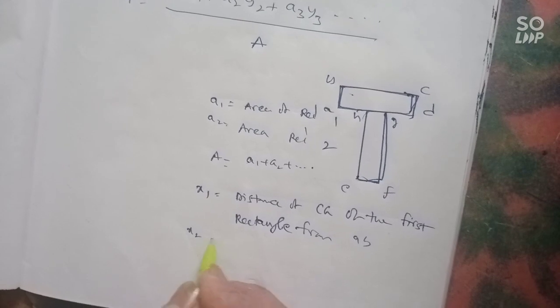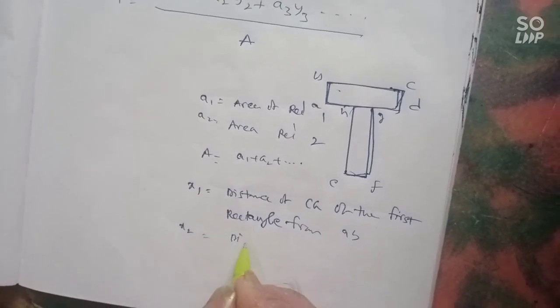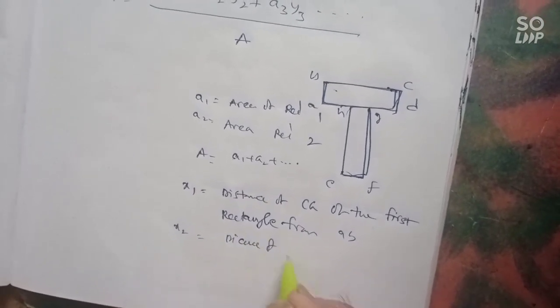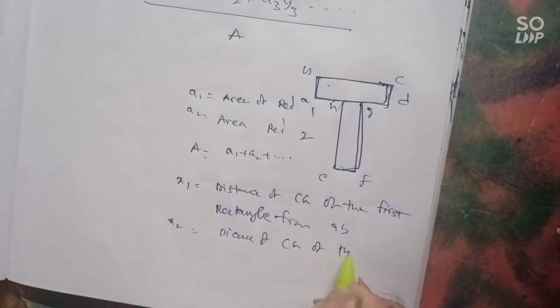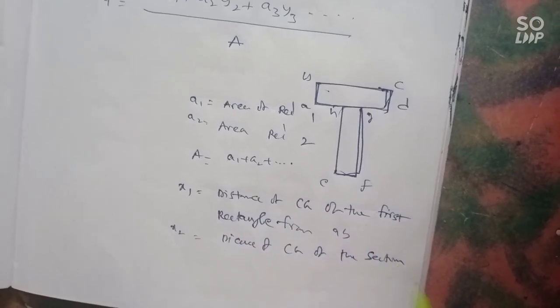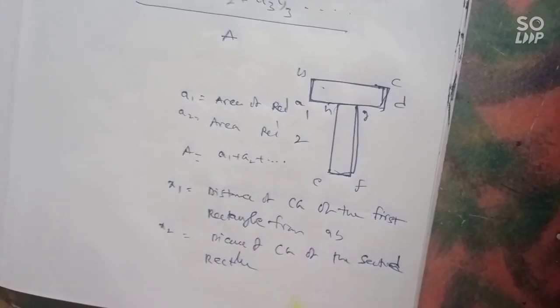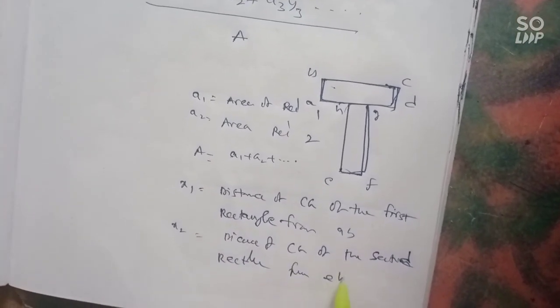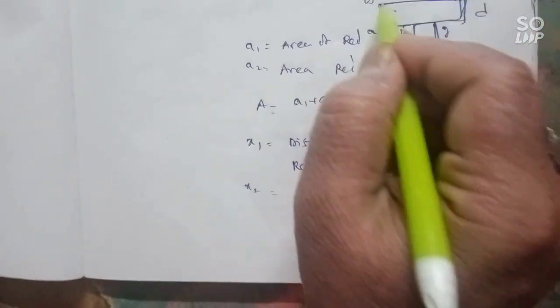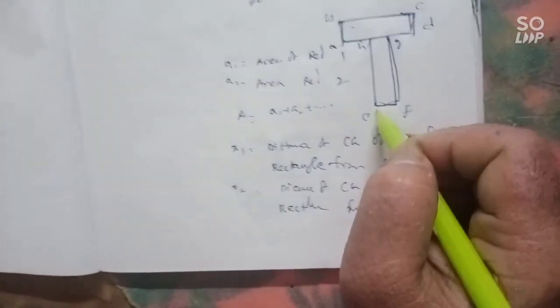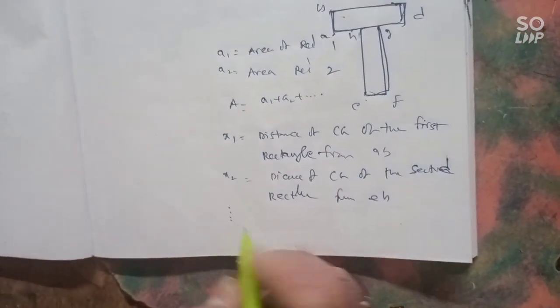Similarly, x2 is the distance of CG of the second rectangle from EH. So this is from AB and this is from EH, and so on.